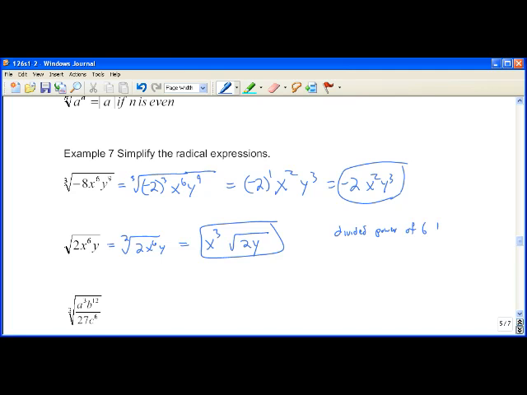Divide the power of 6 by the index of 2. Divide the power by the index of the radical.